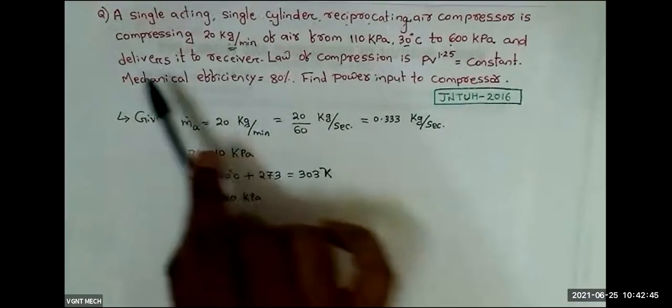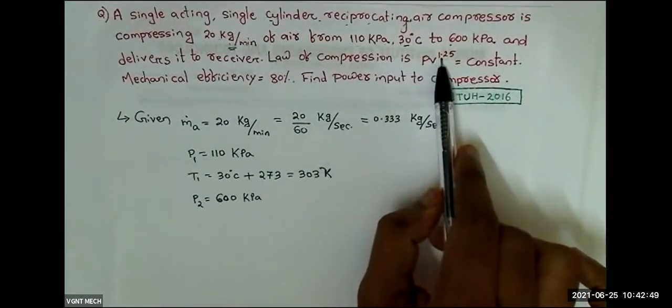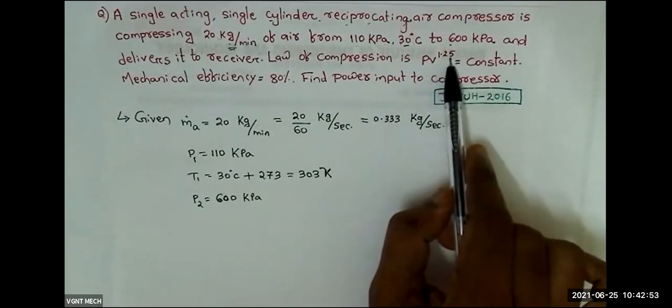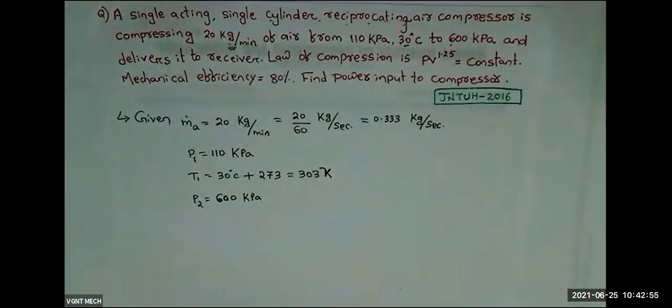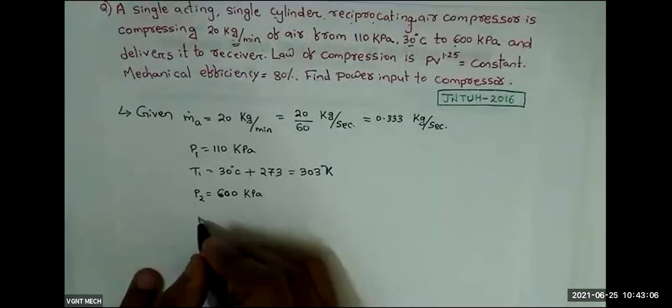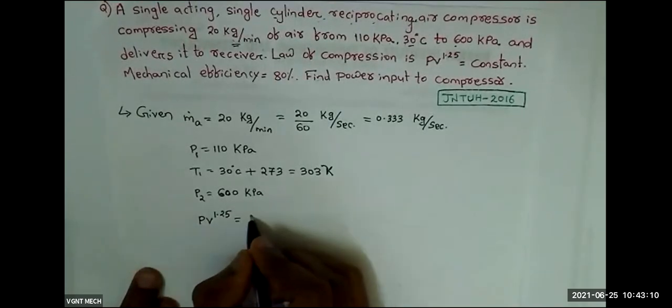Next, and delivers it to a receiver. The law of compression is PV to the power 1.25 equal to constant. Can you tell me what is this 1.25? The law of compression is given as PV to the power 1.25 equal to constant.